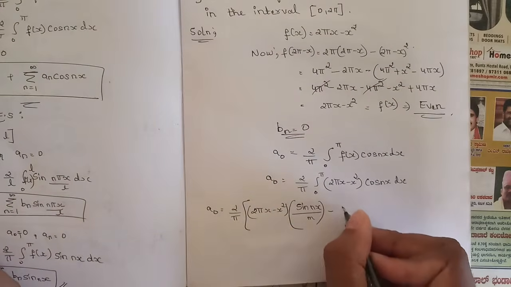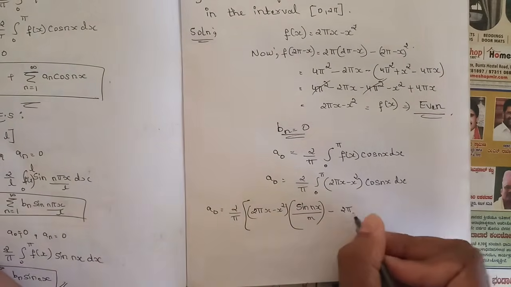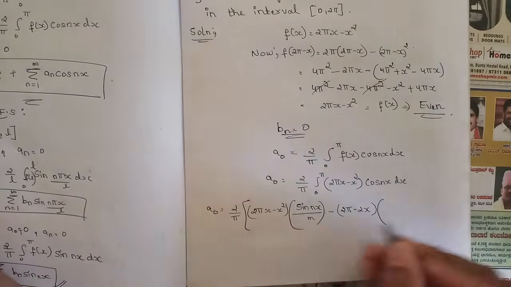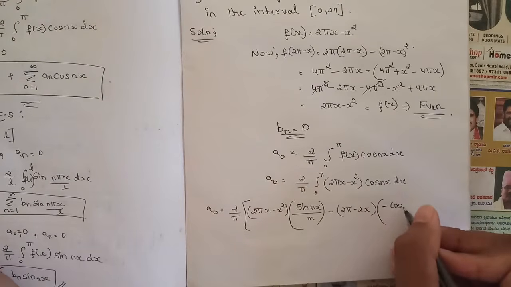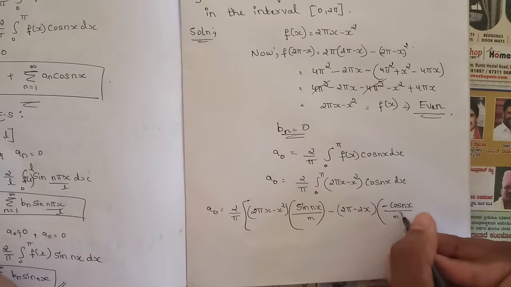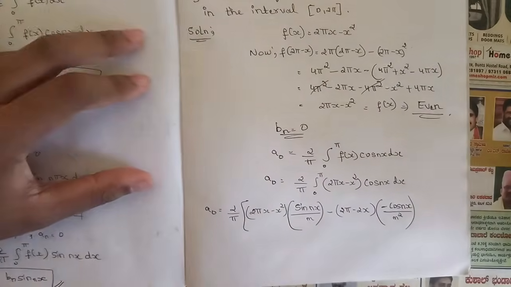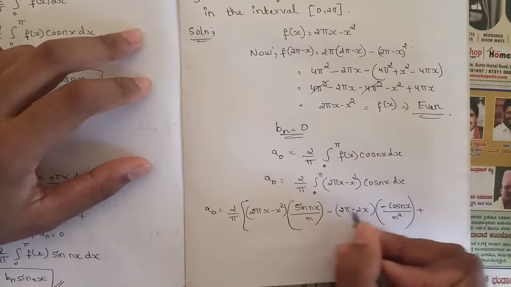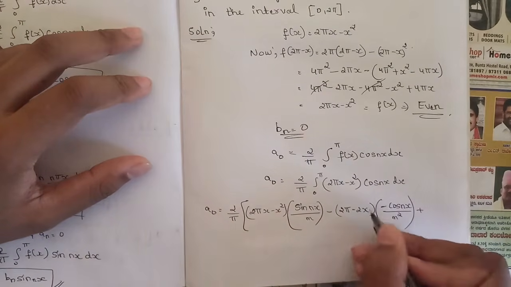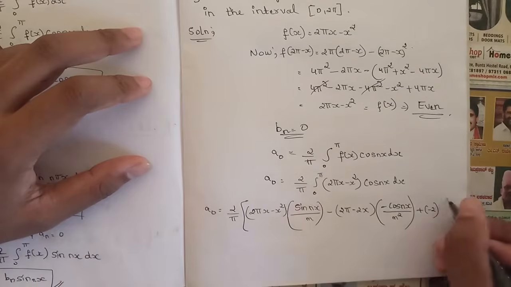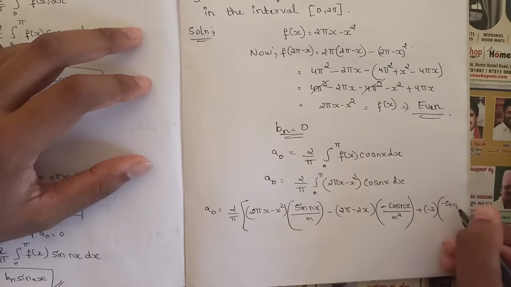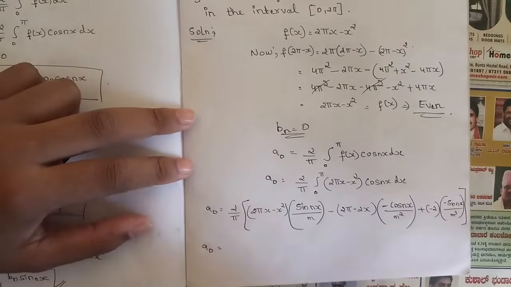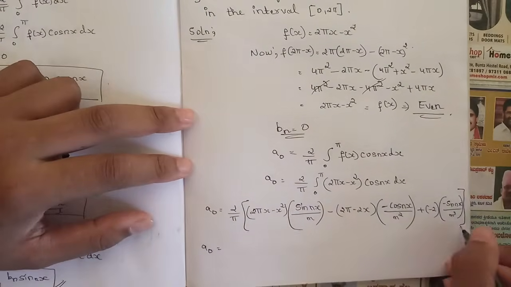The differentiation of 2 pi x minus x square is 2 pi minus 2x, and again we have to integrate this, that becomes minus cos nx by n square, plus, so the differentiation of 2 pi minus 2x is minus 2, into minus sin nx by n cube. Apply the limits.